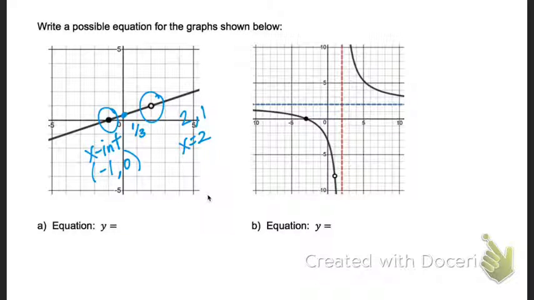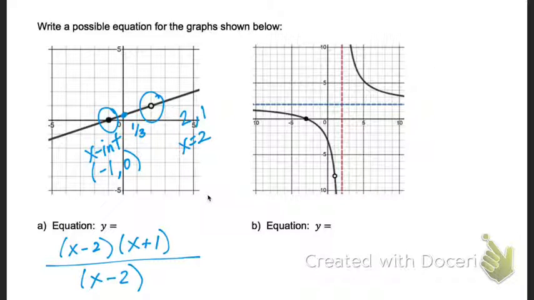So we know that it's going to cancel to be a line. Right? So we know that we'll have an x minus 2 on top and an x minus 2 on bottom. What else will be on top? X plus 1. How'd you figure that out? The x-intercept.